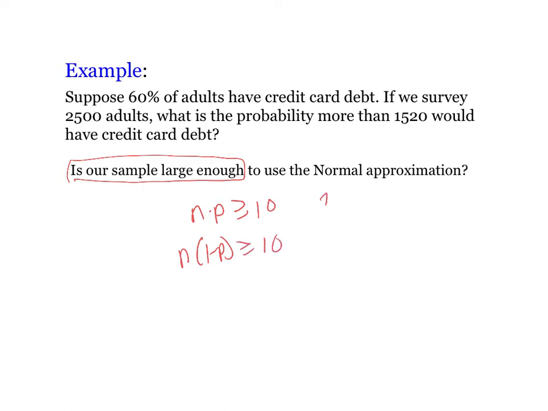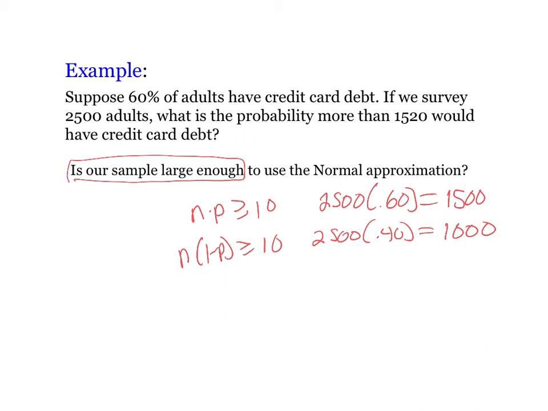So for this problem, I would take 2,500 times 60%, because 2,500 is my n, 60% is my p, and that is 1,500. So that's at least 10 for sure. And then I would also do 2,500 times 40%, and that would be 1,000.